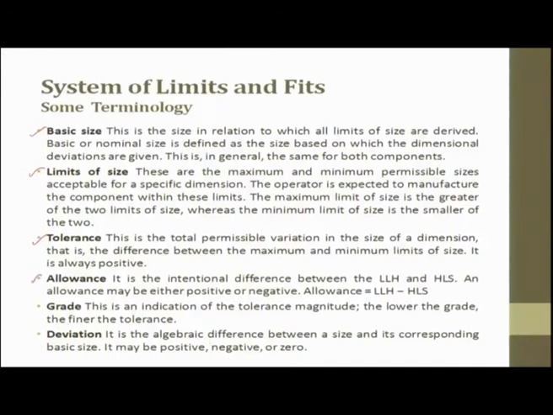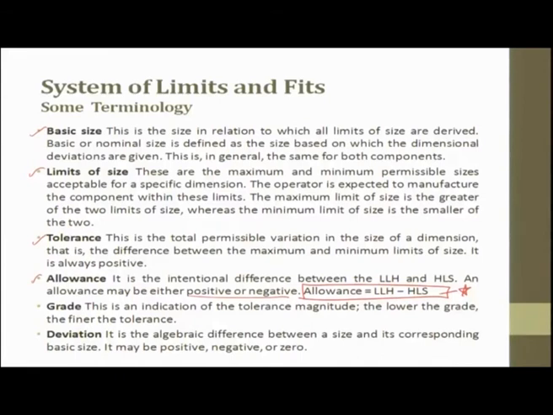Allowance is the next important thing. It is the intentional difference between the lower limit of hole and the higher limit of shaft. And allowance can be either positive or negative. This is the formula which is used, very important. Then we talk about grade. It is an indication of the tolerance magnitude, IT 6. So, the 6 talks about the magnitude.